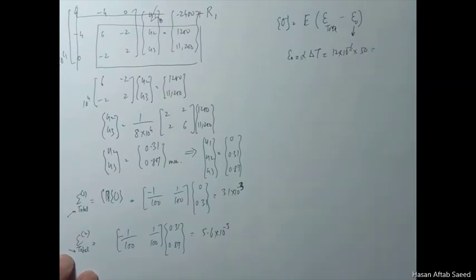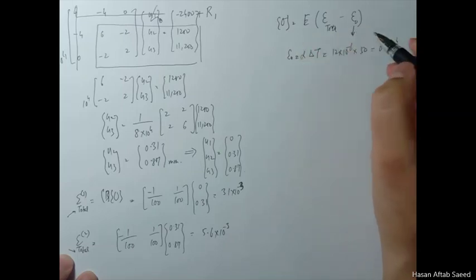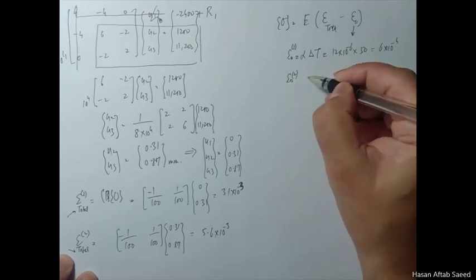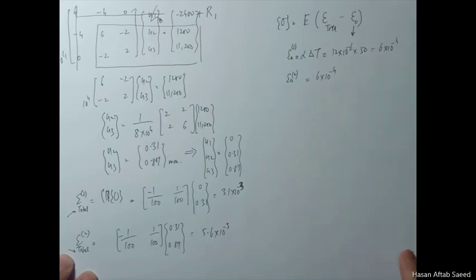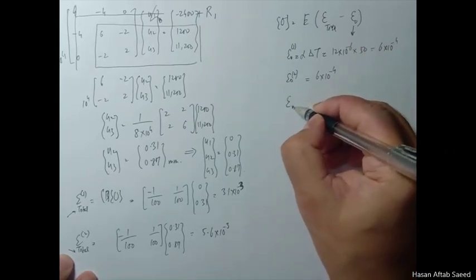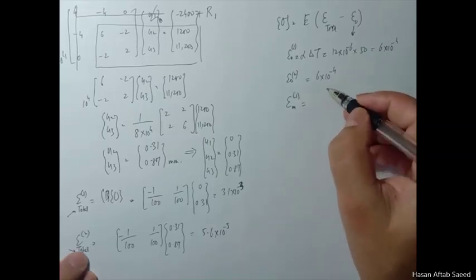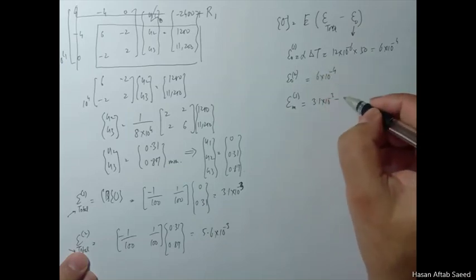It doesn't matter if it's element 1 or 2. So epsilon naught 1 is this and epsilon naught 2 is the same, same material, same delta T. So now the next step will be mechanical. Epsilon mechanical 1 will be epsilon total 1 minus epsilon thermal 1.